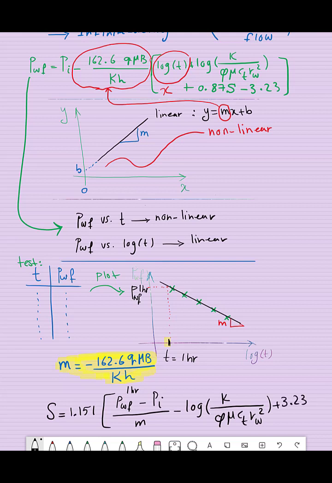And k we can find k from this equation, and here is the equation that will give us the skin factor. This is another important equation that you should know how to use to find the skin factor.